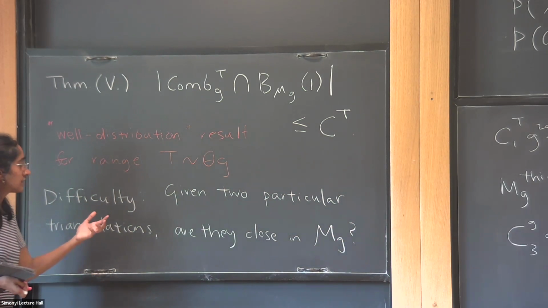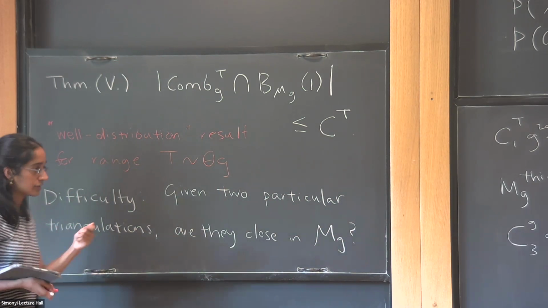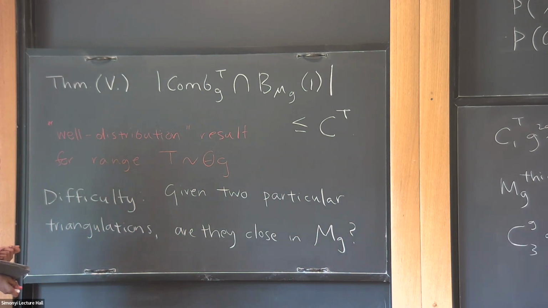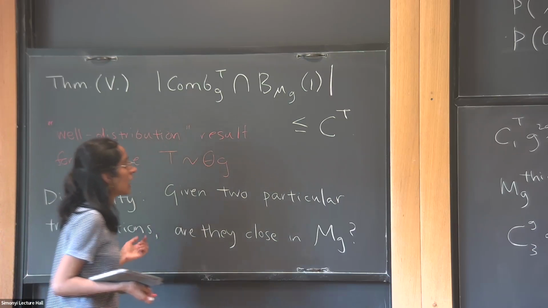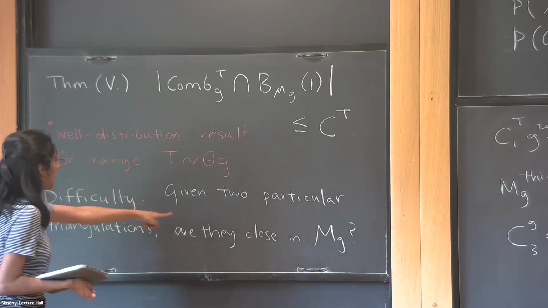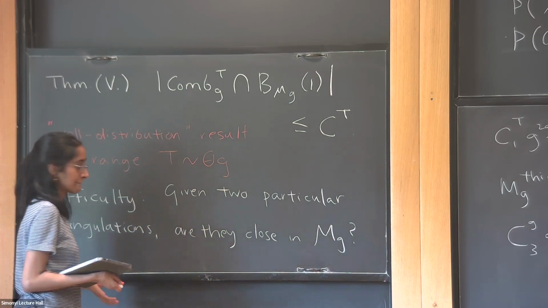If you want an algorithm to determine whether two triangulations are close in moduli space, that's very hard. So you have to find a way of proving this without knowing how to do it.